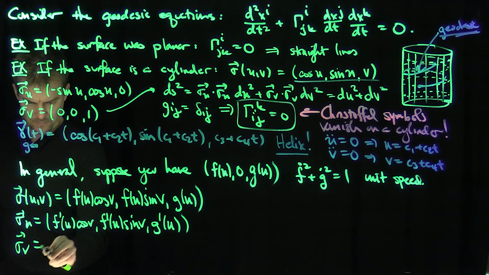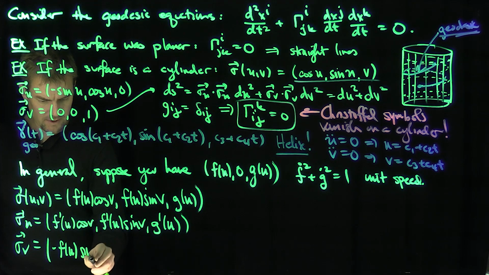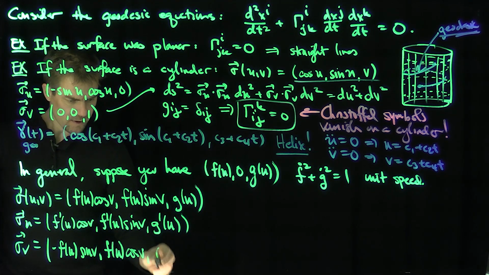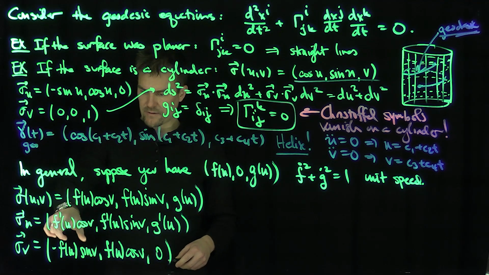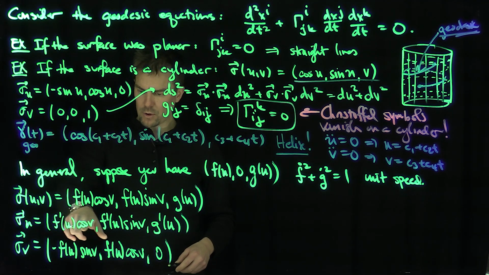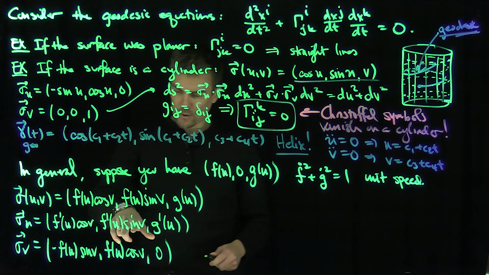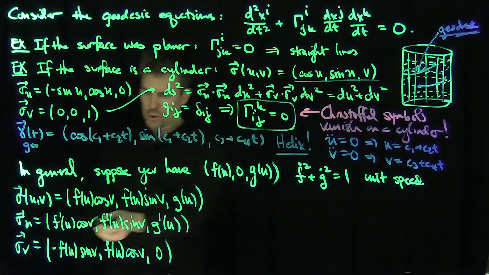My sigma v is going to be negative f of u sine v, positive f of u cosine v, and then 0. Now clearly these vectors are perpendicular to each other. You can check this because I have a negative f of u f prime of u cosine v sine v, and then a positive f of u f prime of u sine v cosine v, and then 0, so they're perpendicular to each other.